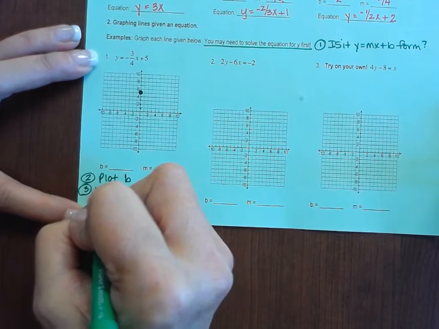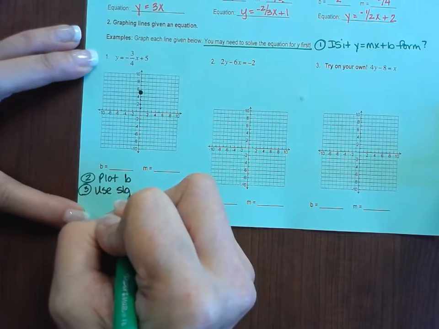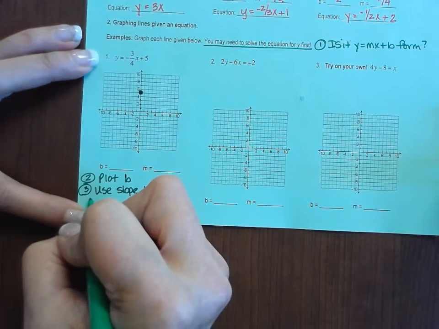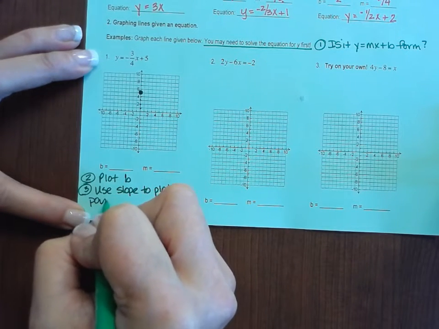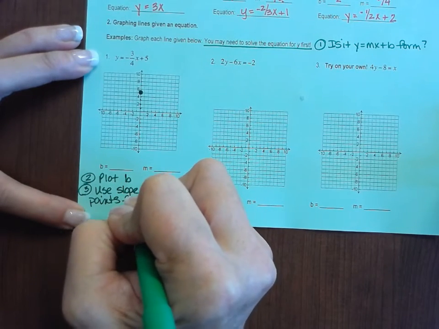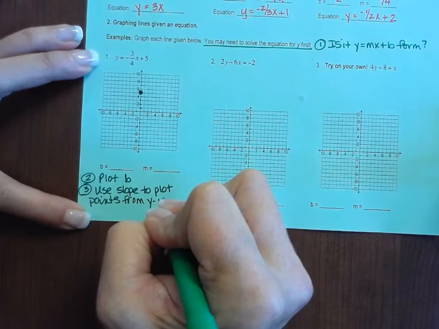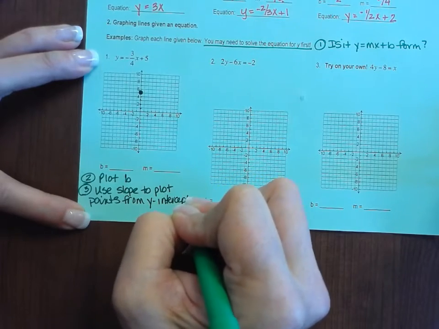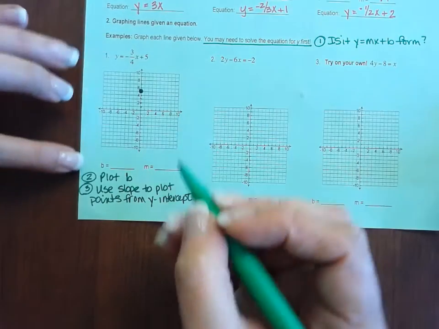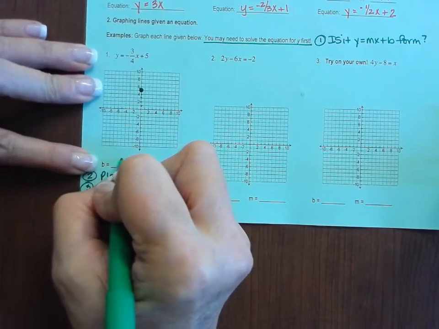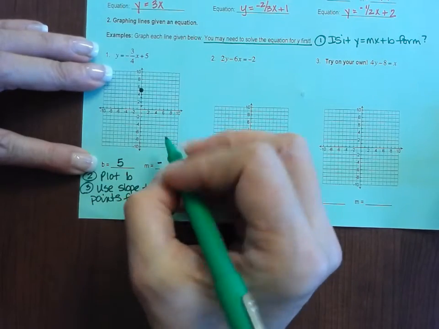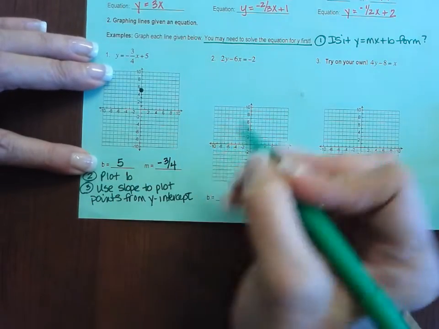And then use slope to plot points from the y-intercept. I typically go above and below, but it's up to you how you want to do it. So our y-intercept is 5. My slope's negative 3/4.